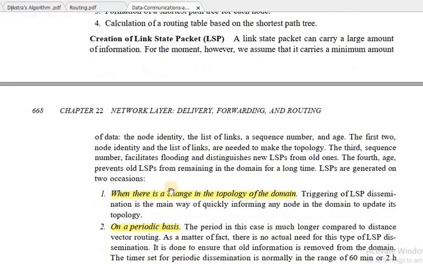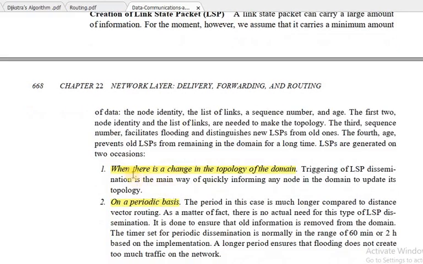Here it says that if you want to exchange packets, there are various criteria for when to send a packet. There can be two criteria. One is whenever there is a change in the topology of the domain, just broadcast or flood that information, saying that the earlier information is no longer acceptable, so I now present everyone the change that has occurred according to me.